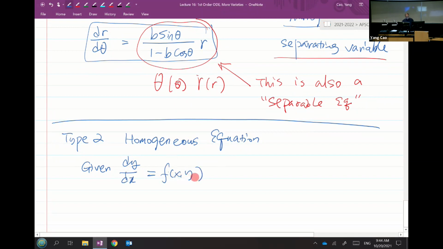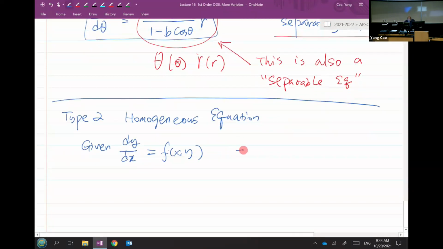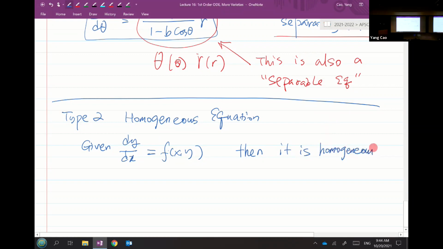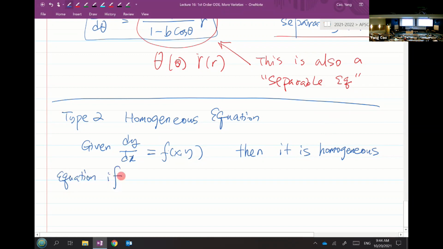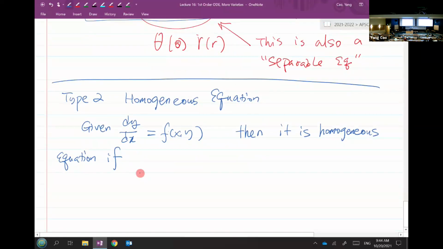Okay, if you have a first order ODE in the format of dy/dx equal to f of x, y, then we call this a homogeneous equation if the following condition is satisfied. Again, you look at this function f of x, y.